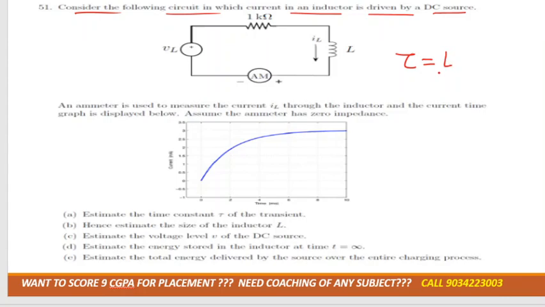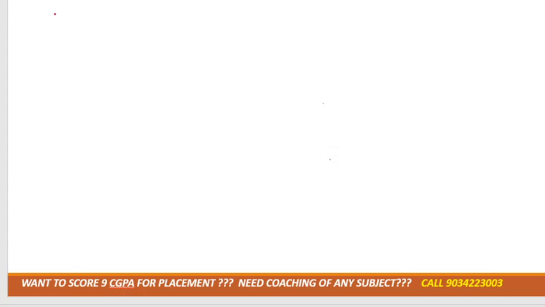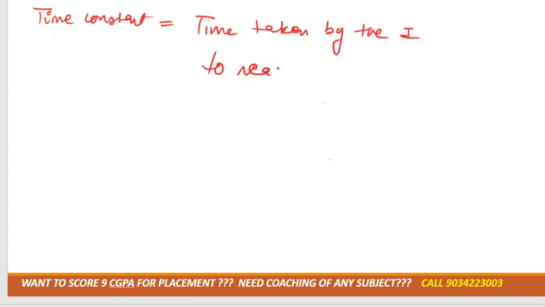Time constant tau is equal to L divided by R. We have another formula for the time constant: the time constant is equal to the time taken by the current to reach 63% of its final value.